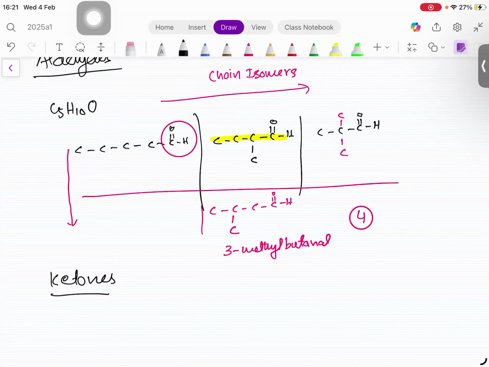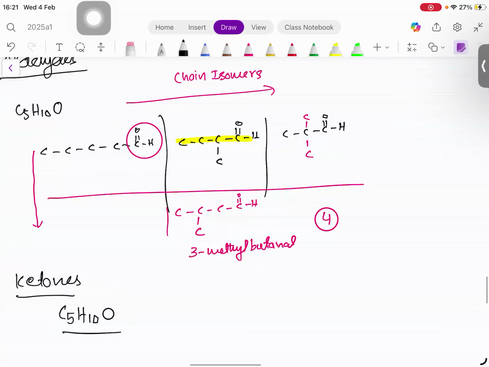Okay, ketone C5H10O: possible isomers which are ketones.